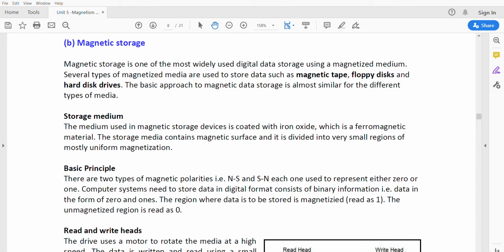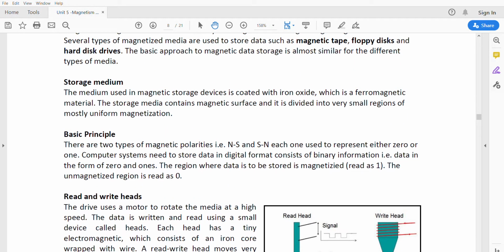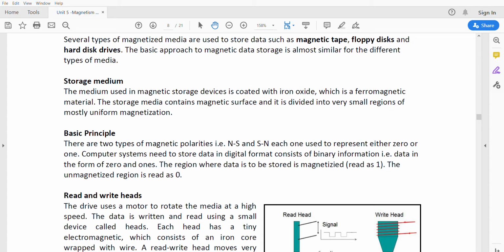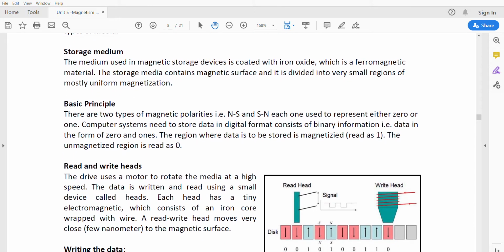Here we can see how the data can be stored in the magnetic devices. We can use a magnetic tape or floppy disk and hard disk drives to store the data. The medium used in the magnetic storage devices is coated with iron oxide.